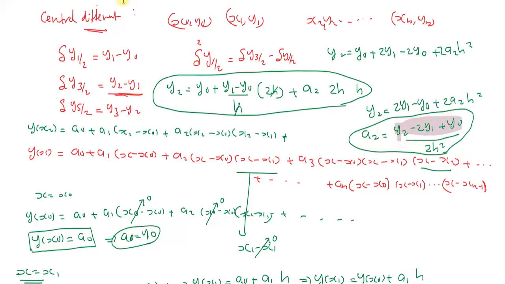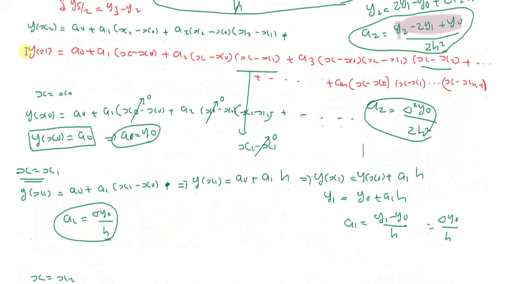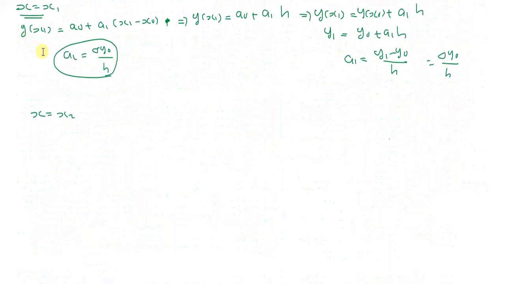Okay, so you can write down a2 is equal to del square y naught by 2h square. So the result is a2 is equal to del square y naught by 2h square. Now to get a3, what should we do? We have to substitute x equal to x3 in our formula.